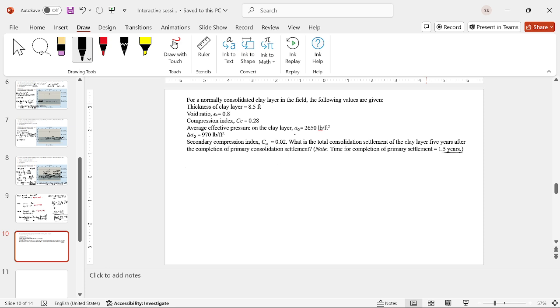Delta sigma, sigma, Cc, E naught, H. So we have been given everything. Sc is equivalent to 0.28 over 1 plus 0.8 into 8.5 into log of 2650 plus 970 over 2650.